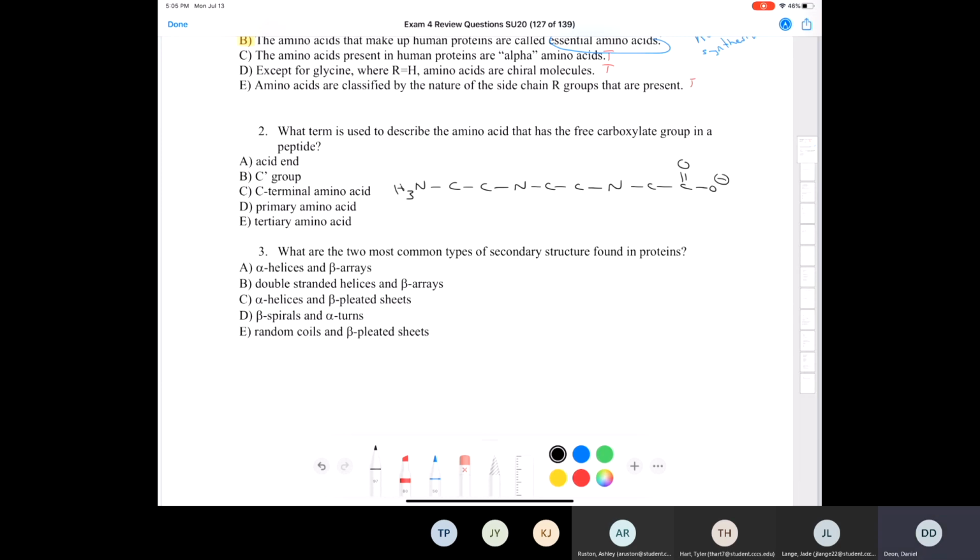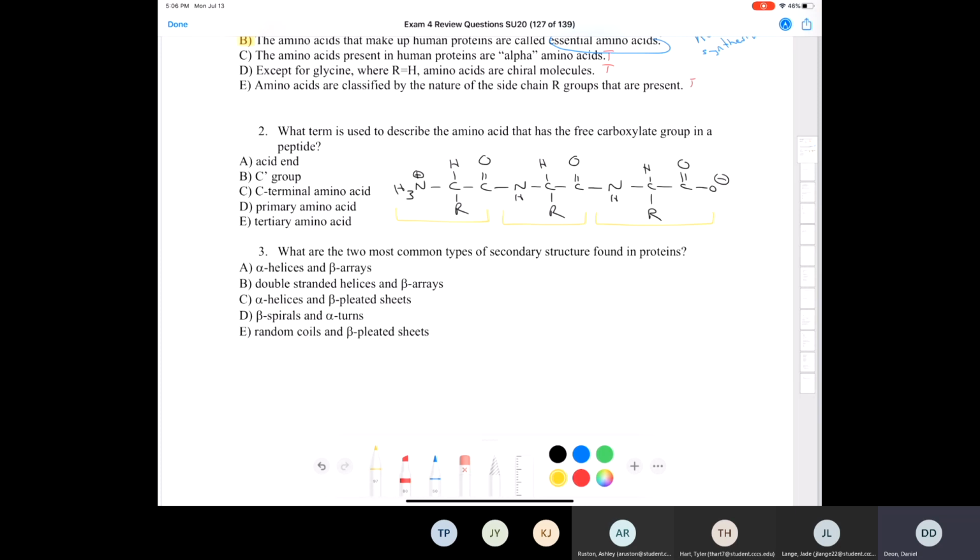We'll have our ammonium on the other end. We have a carbonyl, so it goes NC carbonyl, NC carbonyl, like that. We're also going to have a hydrogen on these carbons, and then we'll have our R groups. We have 3 R groups. So this is a tripeptide. I have 1 amino acid, 2 amino acids, 3 amino acids.